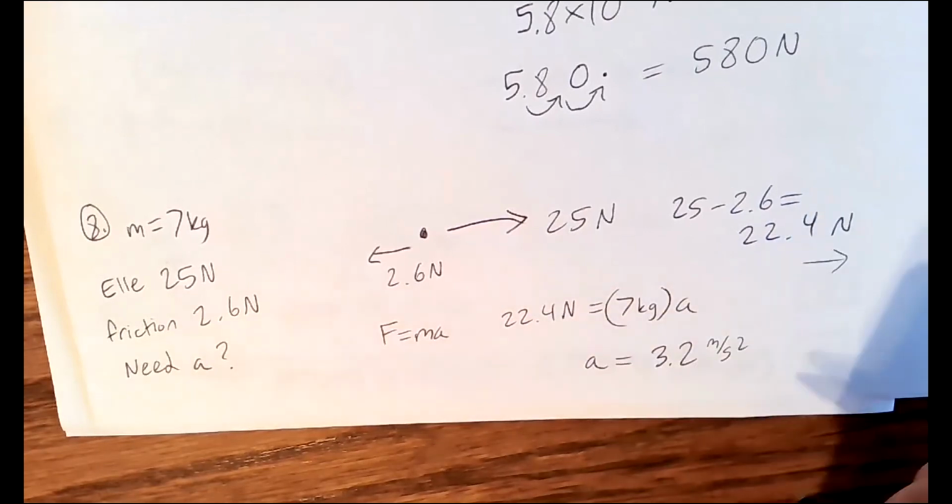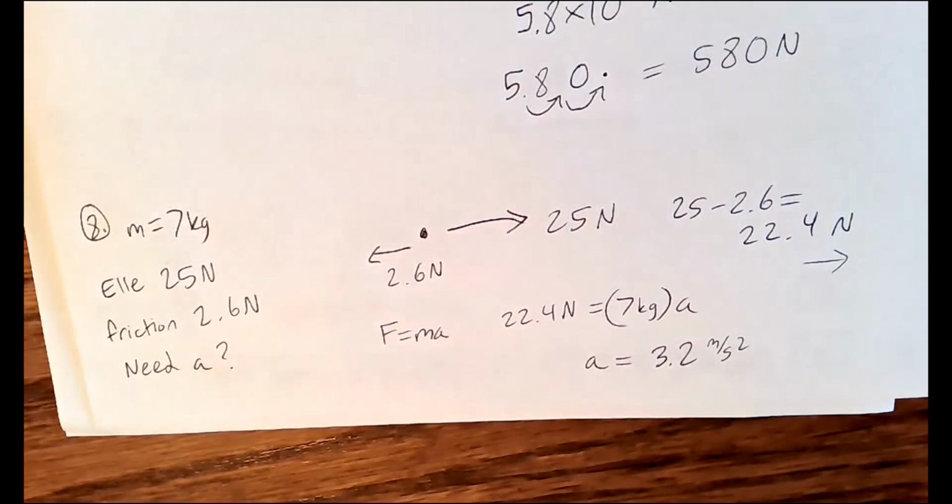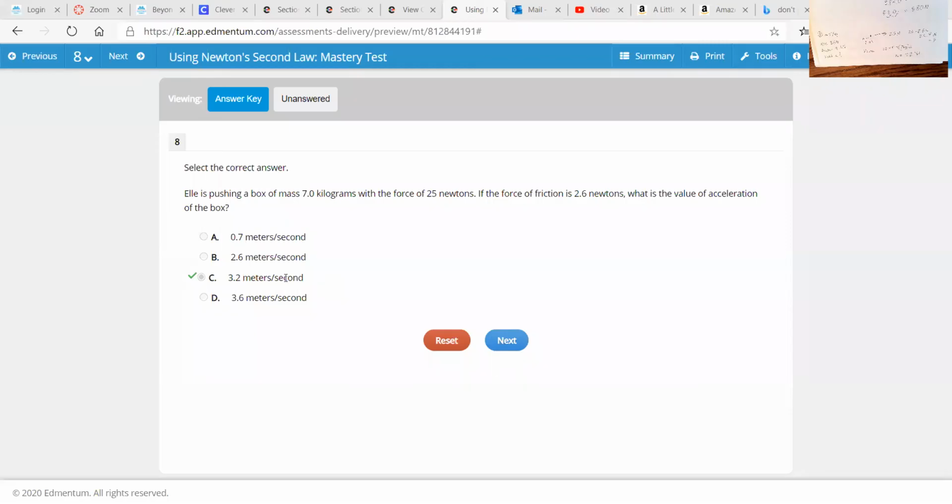And you get 3.2 meters per second squared. Okay. So draw it out, subtract the forces, and then plug into F equals ma. And there we go.